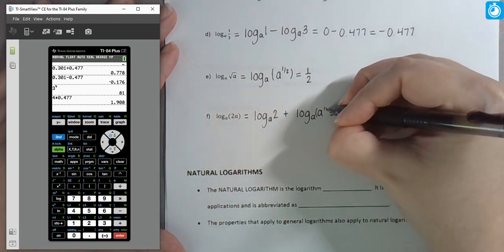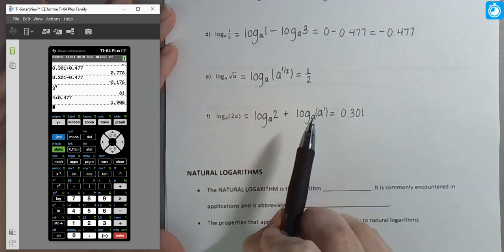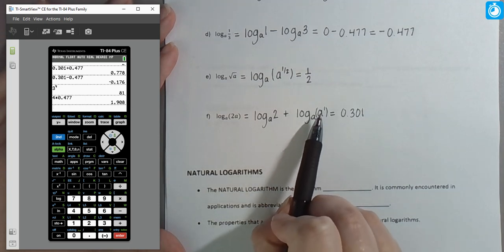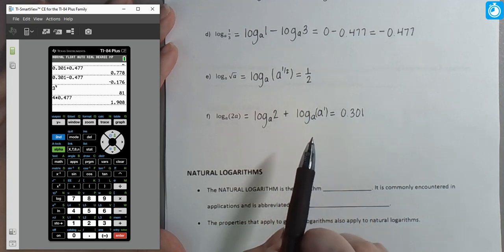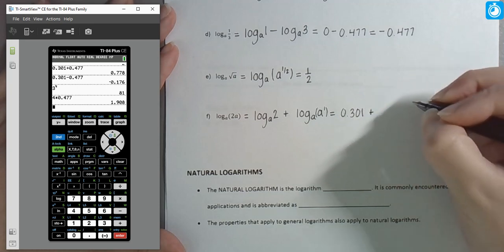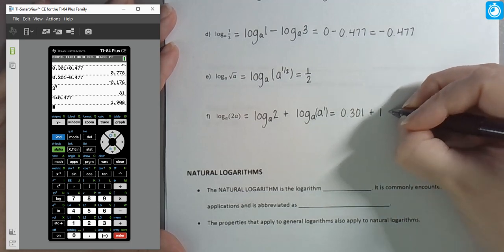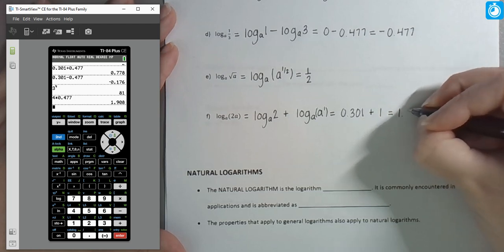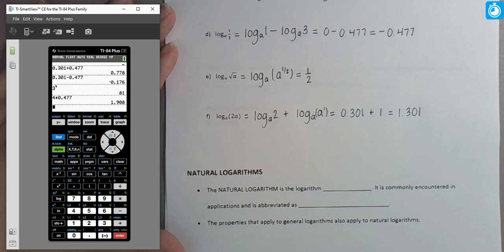We have A to the first power inside of this logarithm, and a logarithm with a particular base and an exponential with a matching base are inverses. They cancel, so they're just going to leave us with the 1. So log base A of A is identically equal to 1. If I add those together, I'm going to get 1.301.